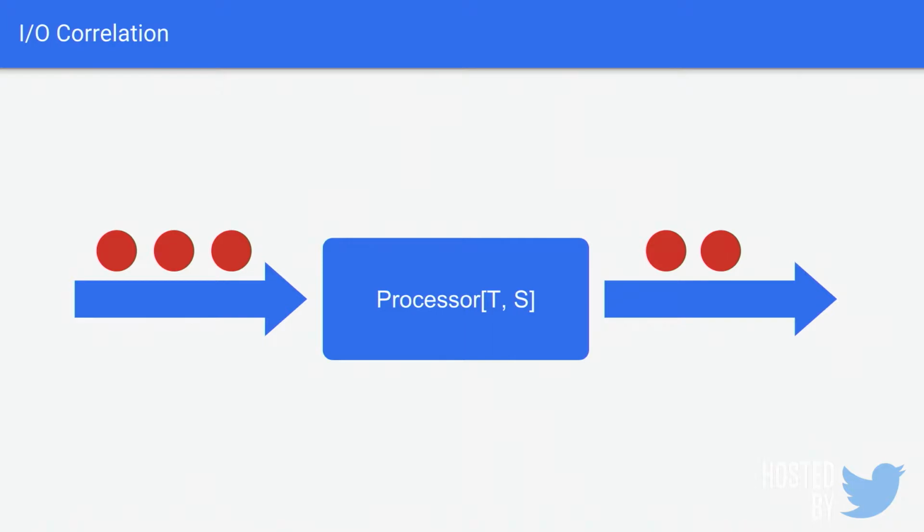In a function, you have one input and you expect one output. Here, for one input, you can have from 0 to infinite outputs on the other side, or the processor might even start producing outputs if no input is given to it. So you can imagine streaming applications as basically a generalized version of your traditional web service. And this is actually how a web service is modeled in things like Akka HTTP.